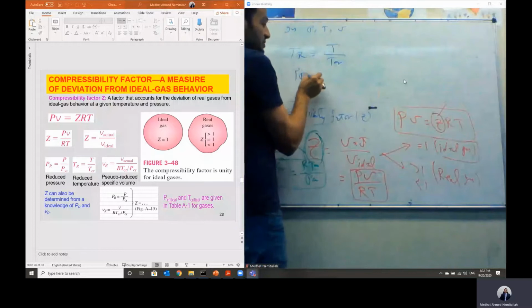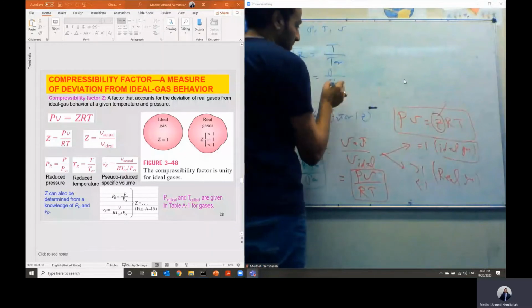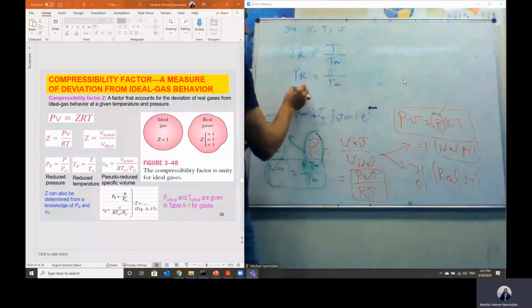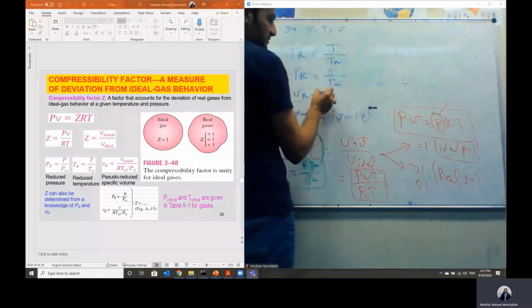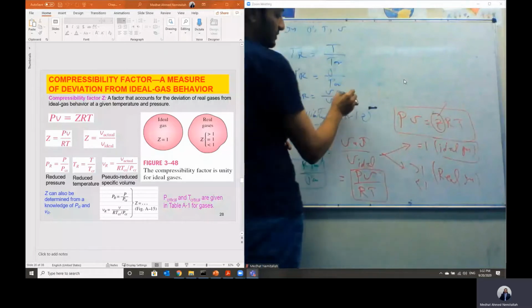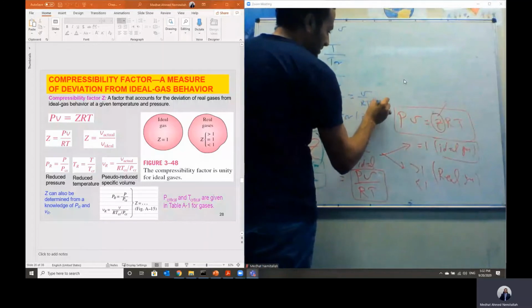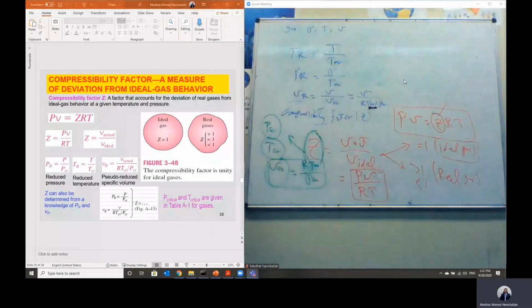And also the reduced pressure will equal the given pressure divided by the critical pressure. And also we can calculate the reduced specific volume, which is the specific volume V divided by V critical, which is RT critical divided by P critical in this case.